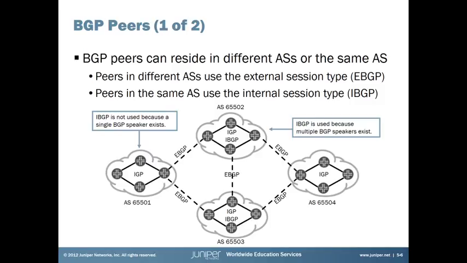Well, eBGP peers exist whenever you are peering with a BGP router in a different autonomous system to your own. Well, no, you don't need more than two. So let's look at AS65501.